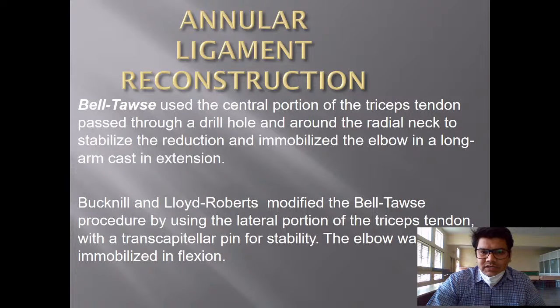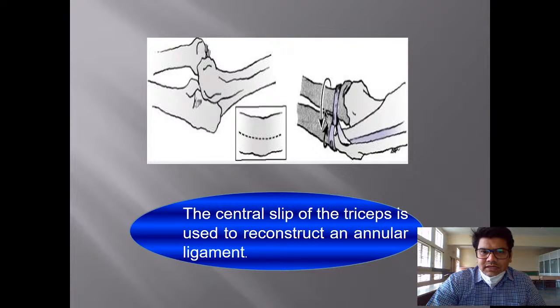Annular ligament reconstruction can be done by means of the triceps tendon, with a transcapitellar pin for stability, and fascia can also be used. The central slip of the triceps is used to reconstruct the annular ligament.